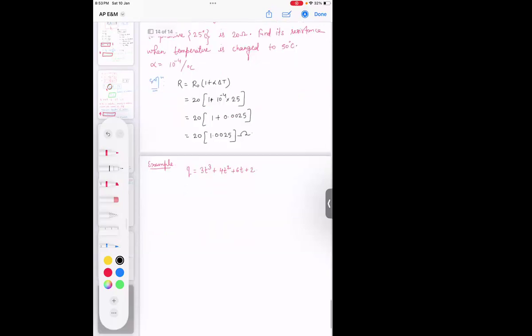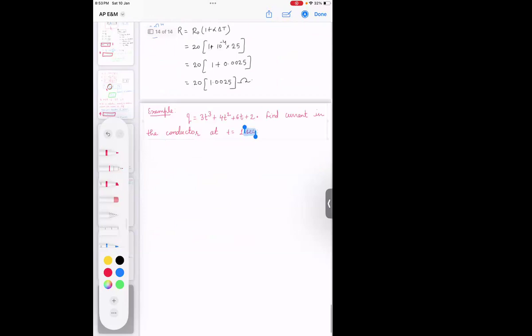Okay, here in this question, charge flowing through a conductor is given to us. They're asking to find the current in the conductor at t equal to 1 second.